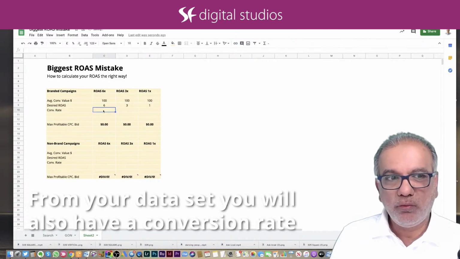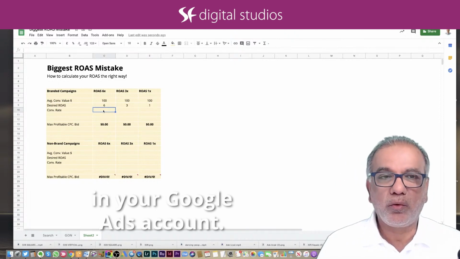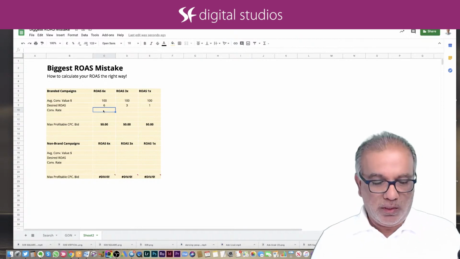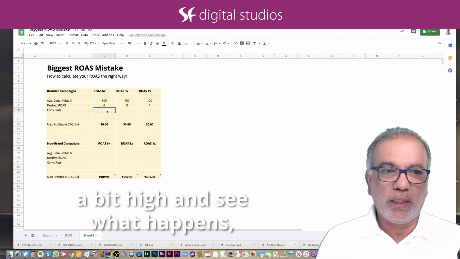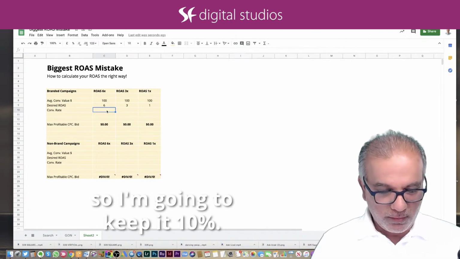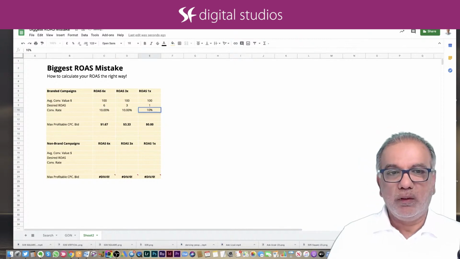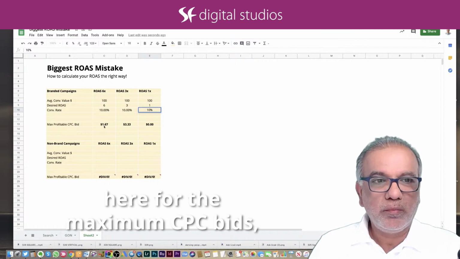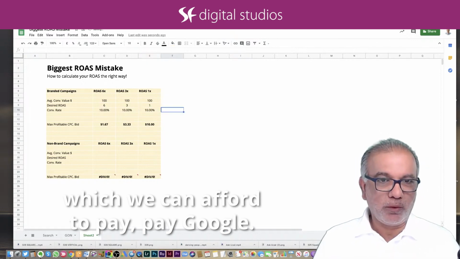From your data set, you will also have a conversion rate in your Google Ads account. 3% is the average right across the board. For branded campaigns, I'm going to keep it a bit high and see what happens. So I'm going to keep it 10%. And now we've got these numbers over here for the maximum CPC bids which we can afford to pay Google.